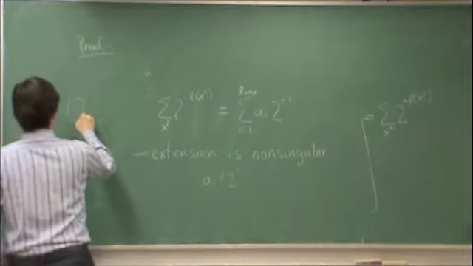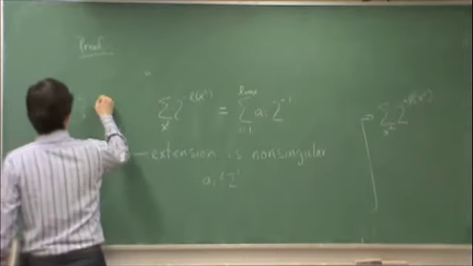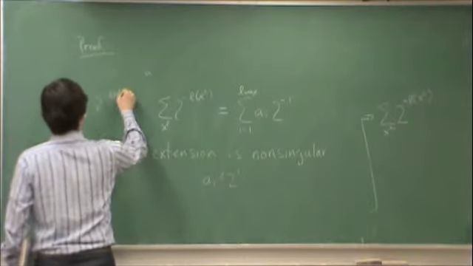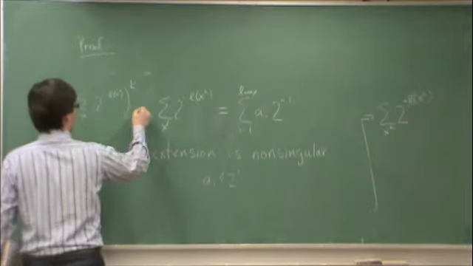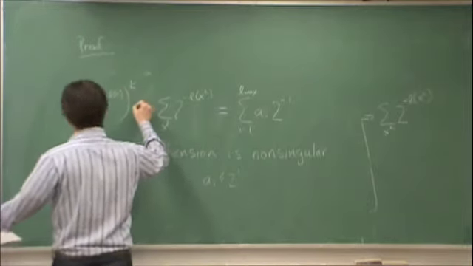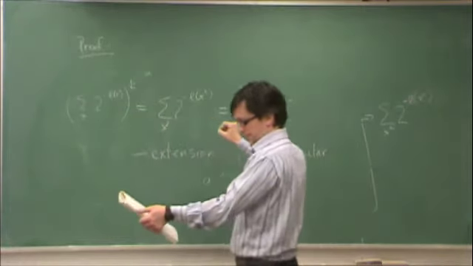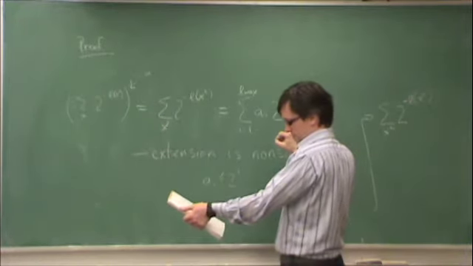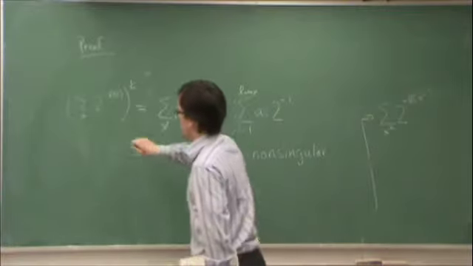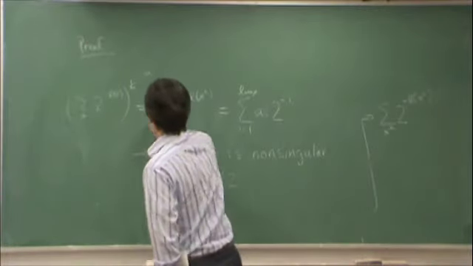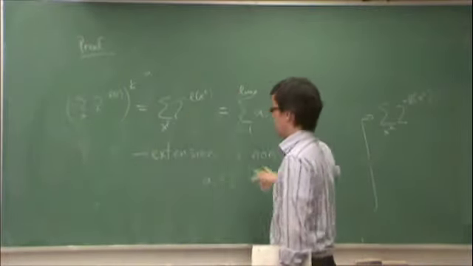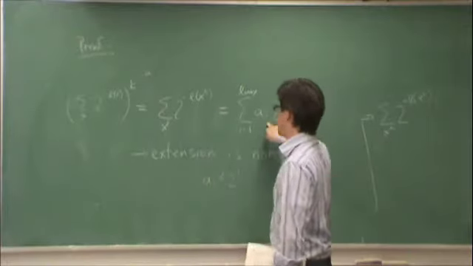Let me write my first statement up here. Sum over x of 2 to the minus lx, to the k, is equal to this. This was just my first statement. I showed that this was equal to that by the derivation we had over here, and then I just rephrased that into this.